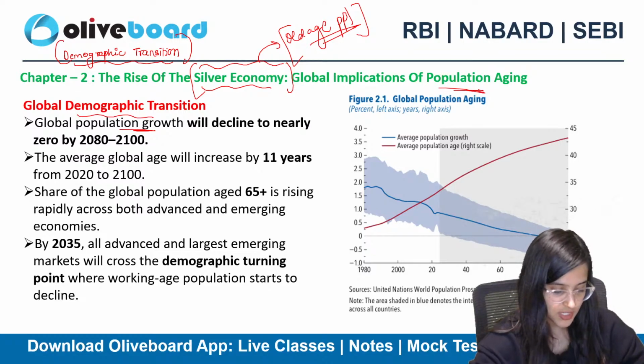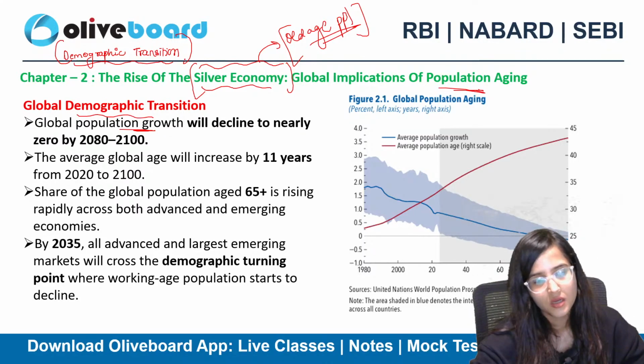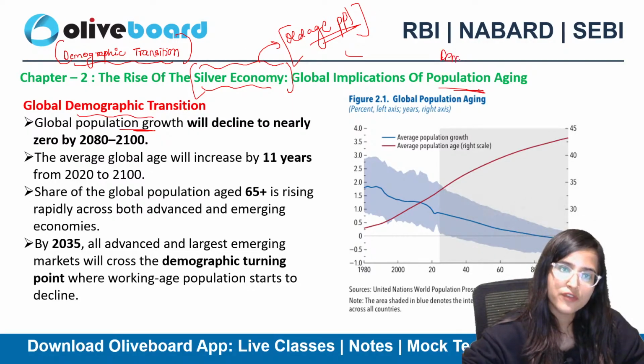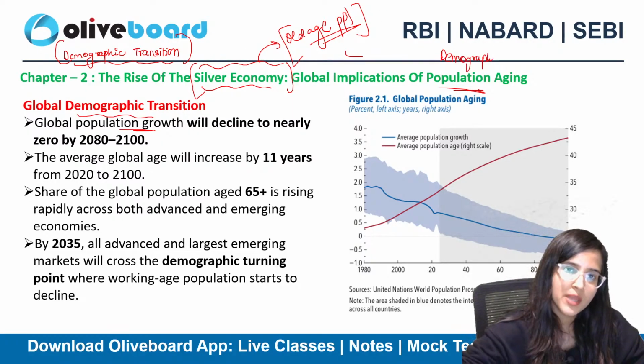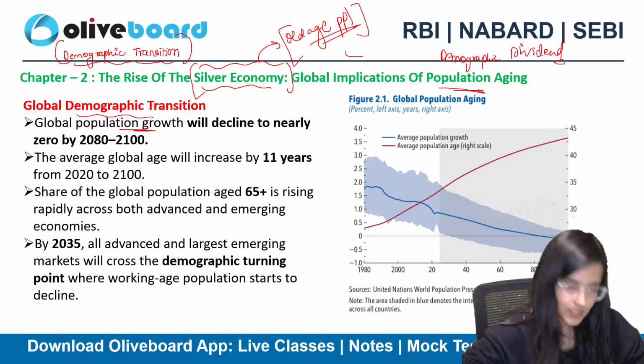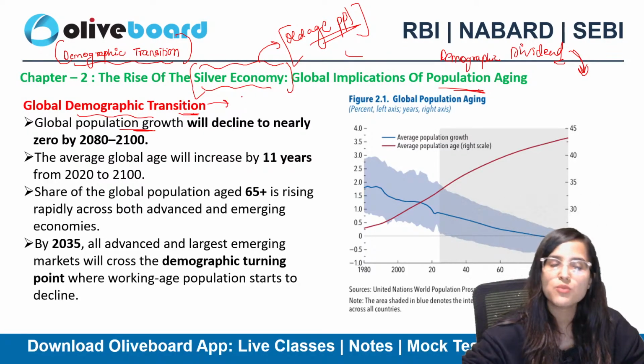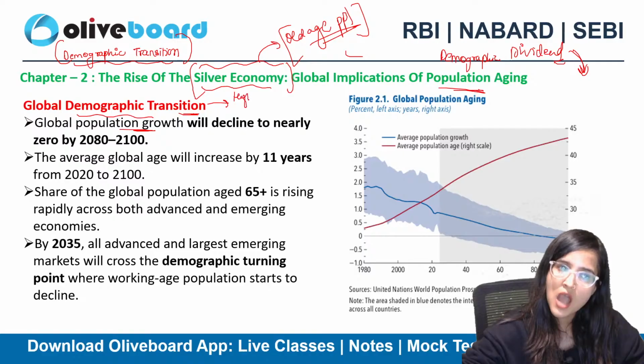Very good. Mukund says it is the growing age of the working population. When you use the word demographic shift or demographic dividend, then you can say that the working age population is reducing. When we talk about demographic transition, it means how we are moving from high birth rate and death rate to lower birth rate and death rate.